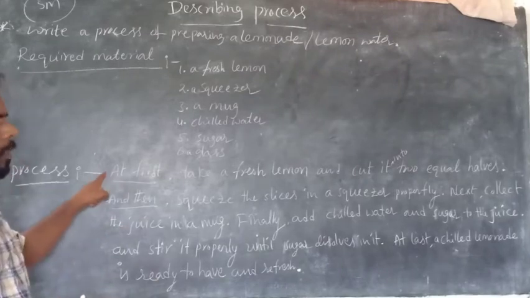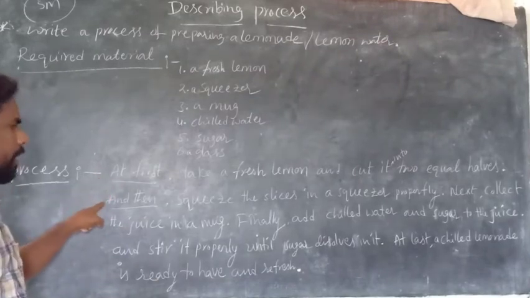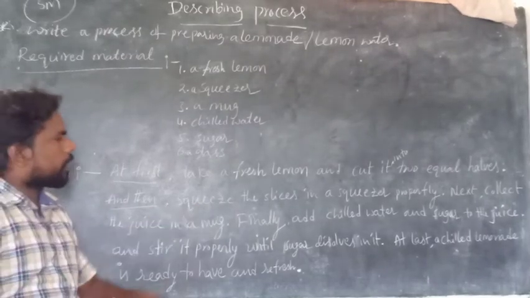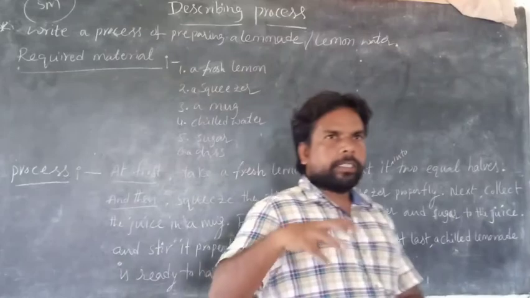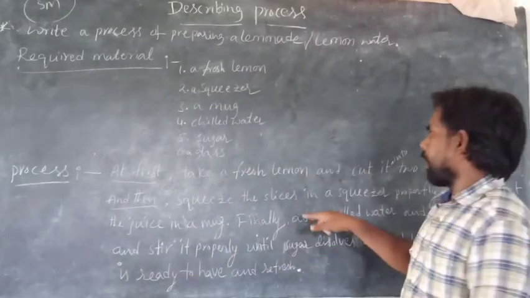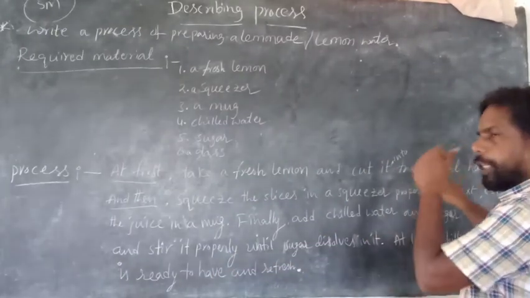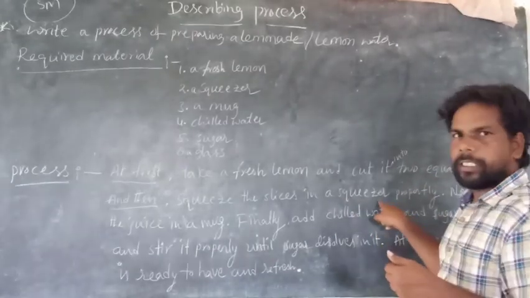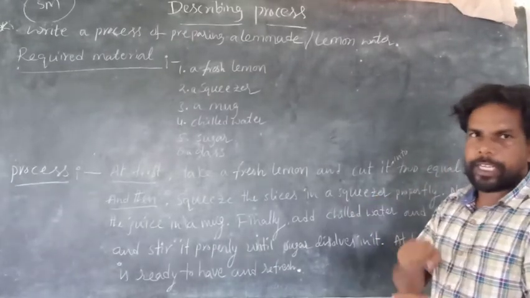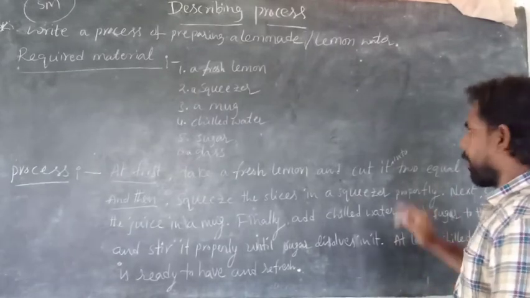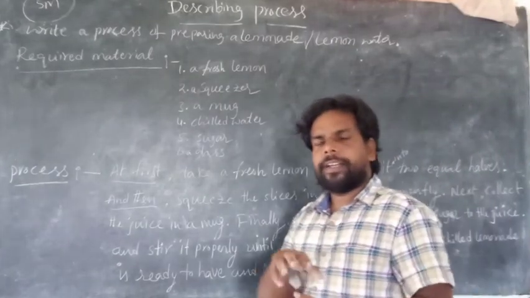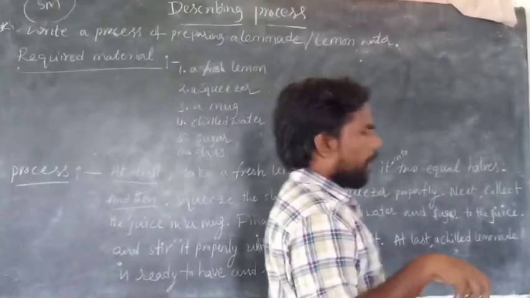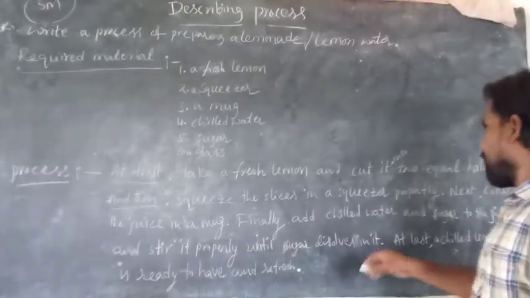At first means this is the first activity, and then means this is the second activity. And then squeeze the two equal halves in a squeezer properly. A squeezer is one kind of equipment, instrument or machine.